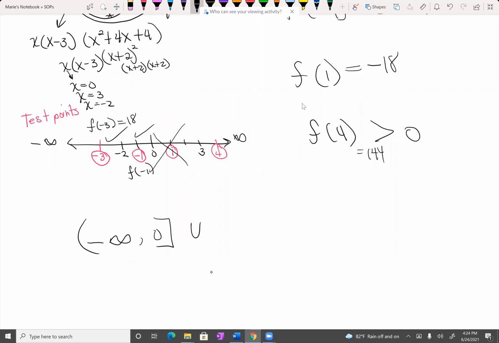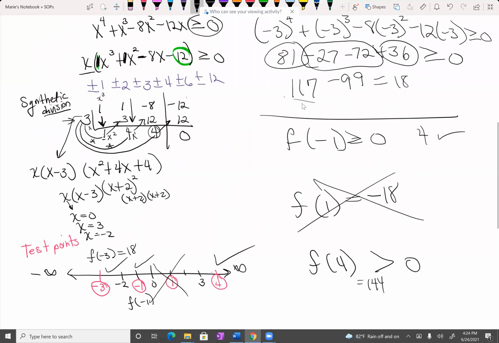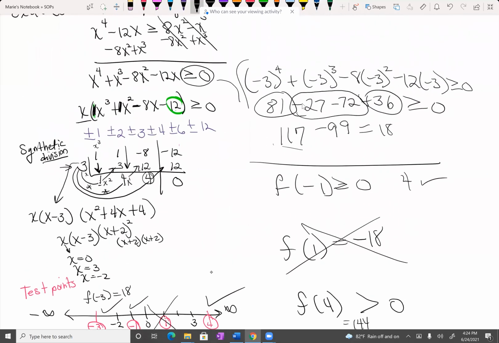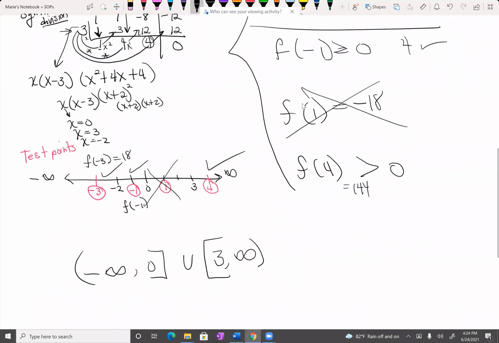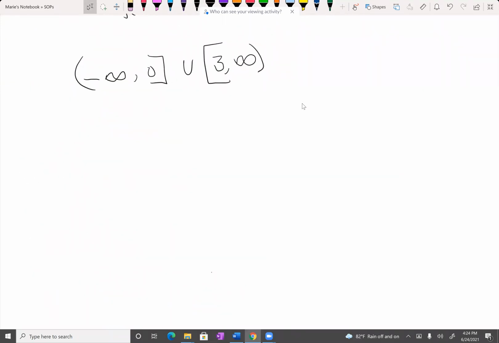That was no good. This is inclusive of the 3 all the way up to positive infinity. So this is good. And so again, we're using this equation as we're plugging in the numbers to solve. And that being our solution for that one.